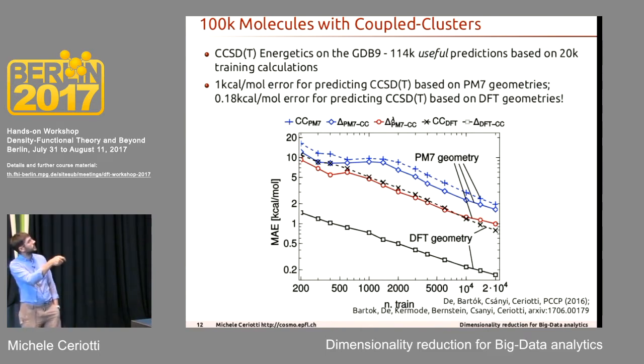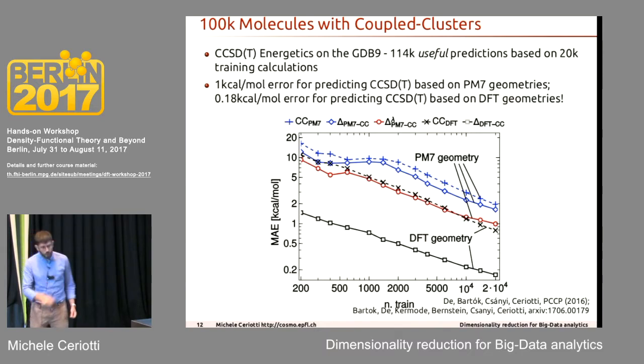But what is interesting is how actually you get down. So here what I'm doing is I basically use as input 20,000 structures for which I have done both PM7 geometry optimizations and the DFT optimizations. And I learn from all of them, trying to understand how I can predict the coupled cluster energy.